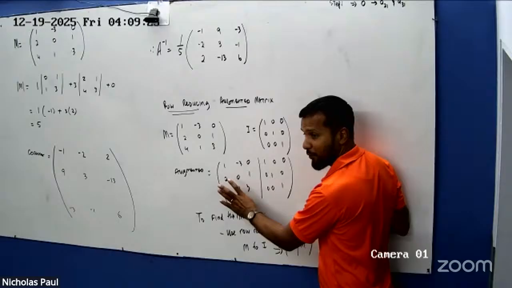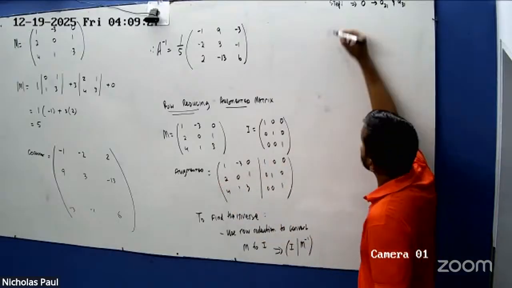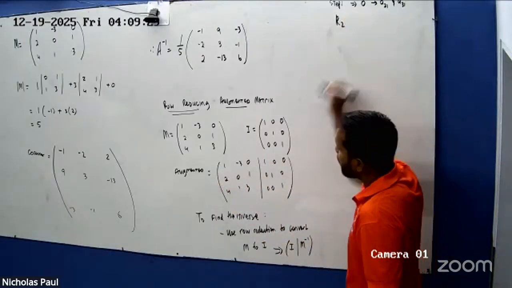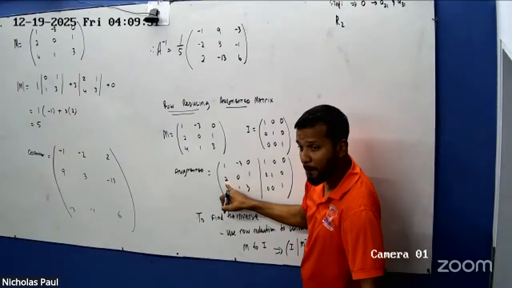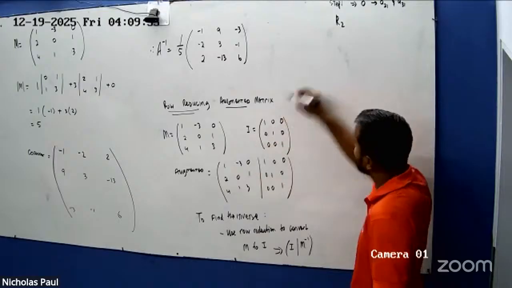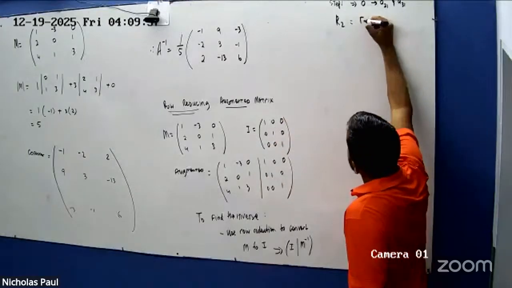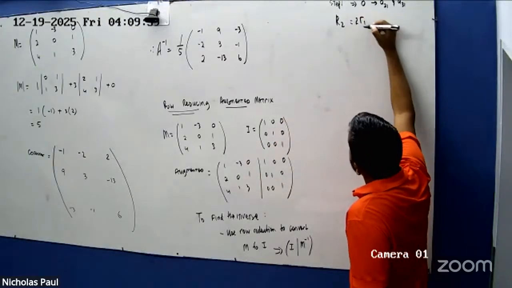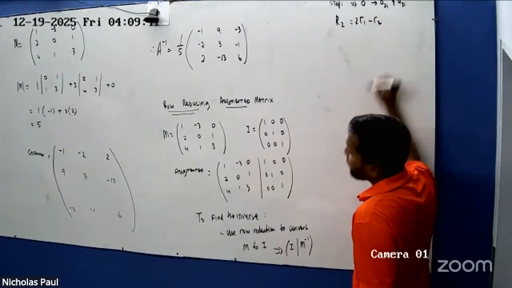What are you going to do? Does that make any sense? In row 2, for me to get a 0 here, I am going to take row 1, multiply it by 2, and subtract row 2.